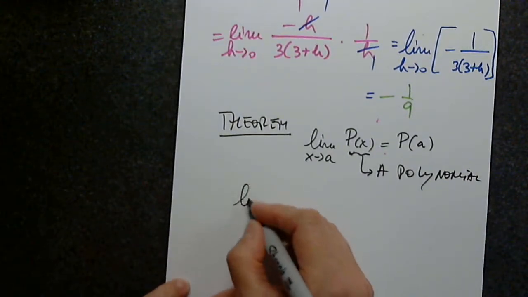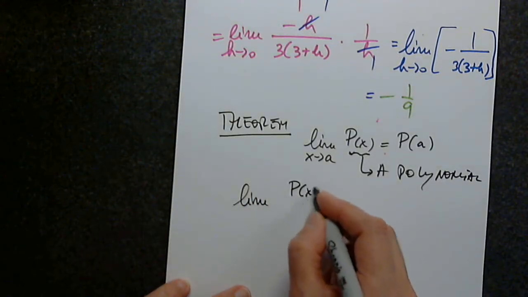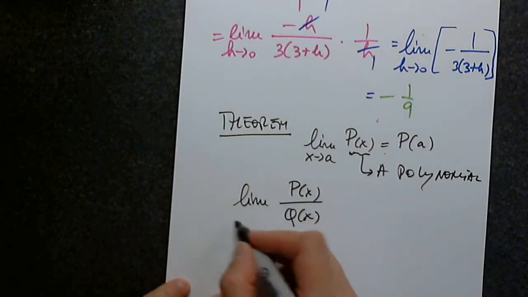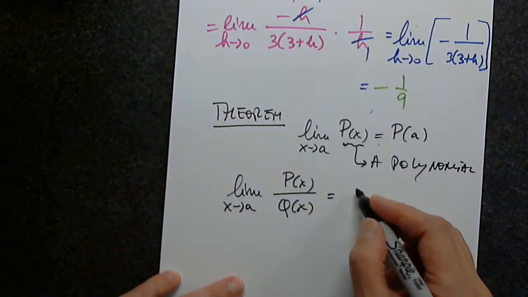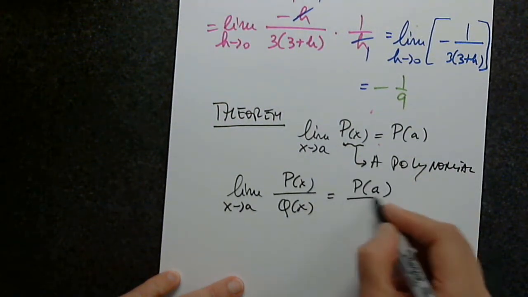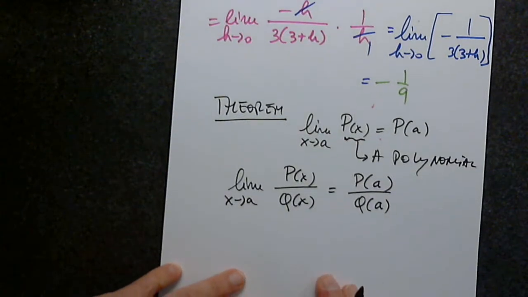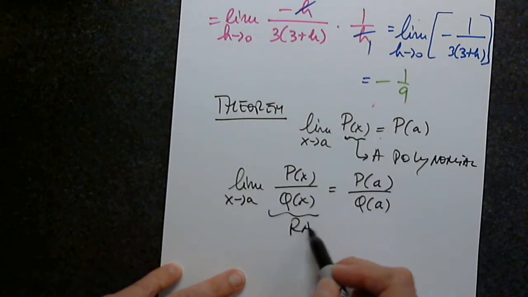Another one is the limit of a polynomial divided by another polynomial as x approaches a. We are allowed to write p of a over q of a. So this is a rational function.